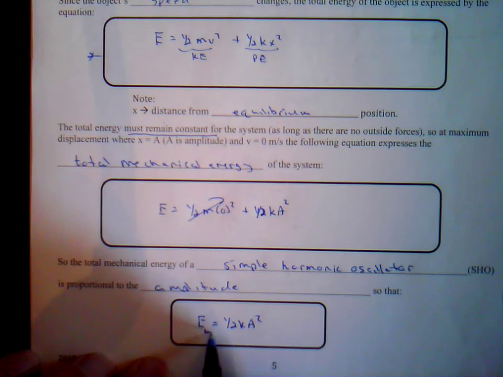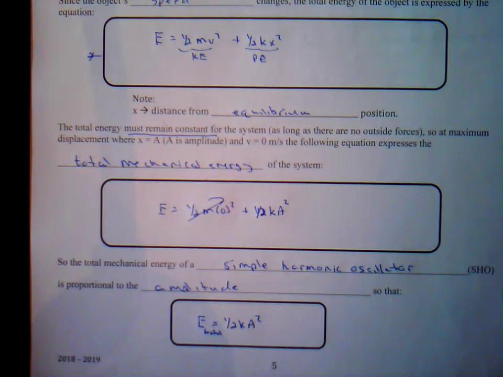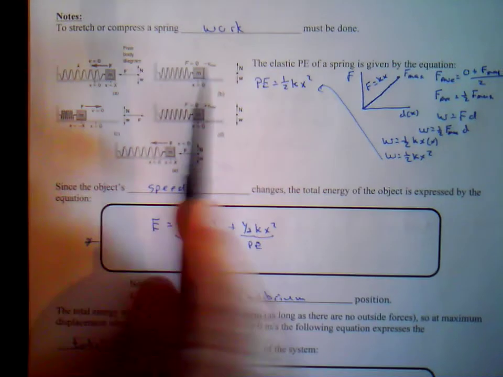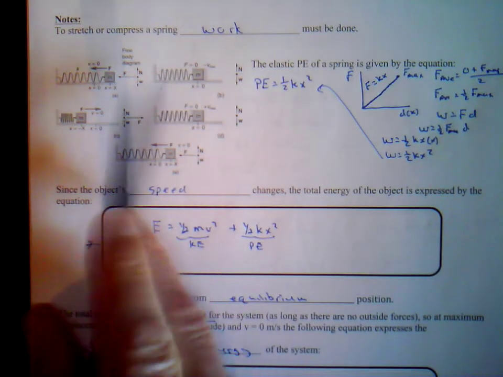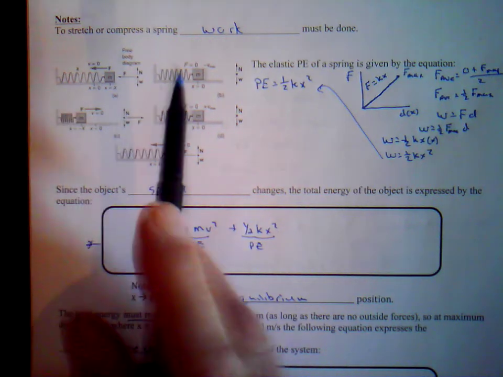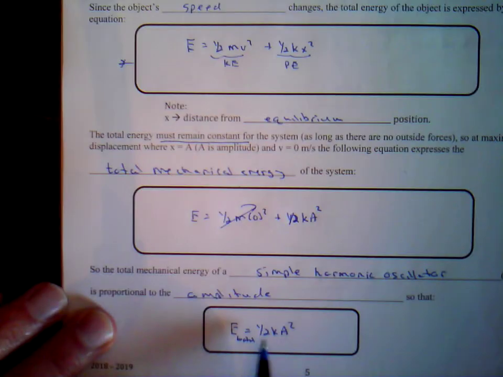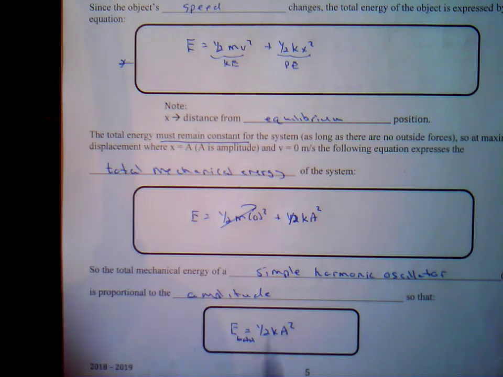This is the total energy of the system, 1/2 kA squared. So at any point in this simple harmonic oscillator, something that's moving back and forth in simple harmonic motion, the total energy is equal to 1/2 kA squared. Some of it may be kinetic, some of it may be potential, but all of it must be equal to this value right here, because the total amount of energy never changes as long as there are no other outside forces.